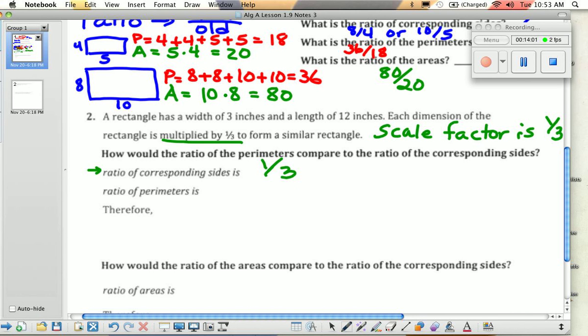Well, what would the ratio of the perimeters be? Well, we didn't find the perimeter. Do we have to? What do you think? Do you think we really have to go through all the work of finding the perimeter? And then how are we going to do it then? What do you think the ratio of perimeters is then? 12/3? Well, we got to be careful. 12/3 is really the 2 dimensions of our original rectangle.